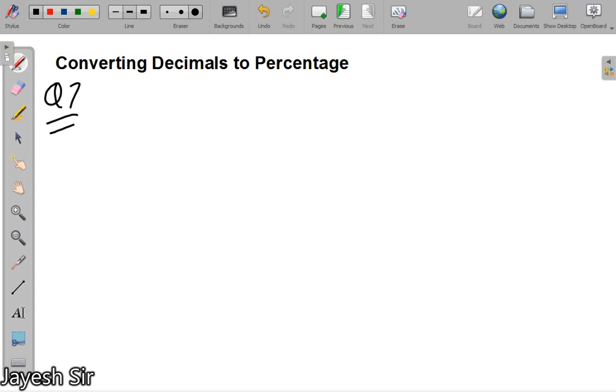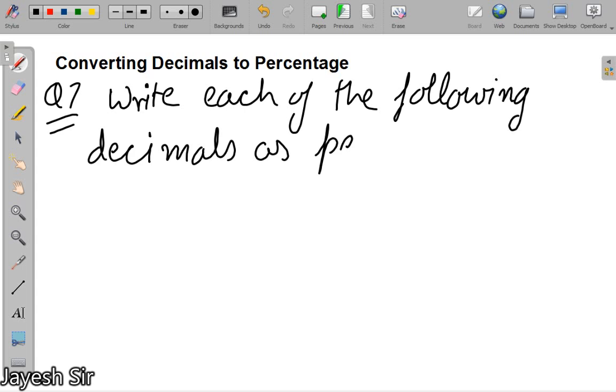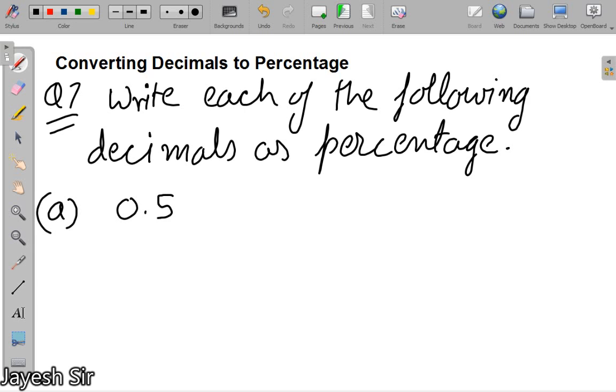Question number 7 is write each of the following decimals as percentage. First of all you have A part. A part is 0.537. We have to convert it into percentage.